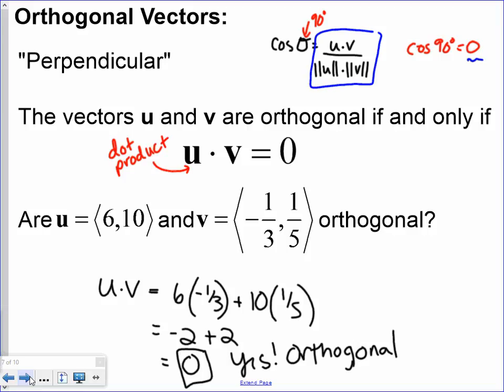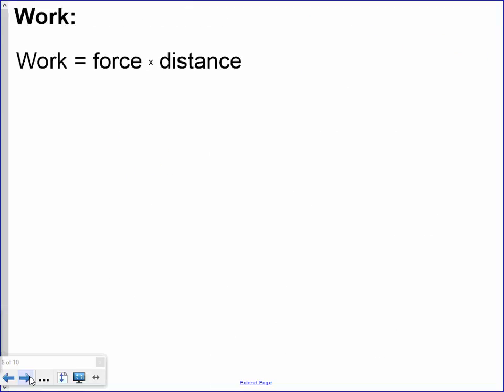All right, one last concept to talk about before we wrap things up, and that's the concept of work. Work is equal to force times distance. Some of you may have seen formulas for work in physics. If you have, the distance may also be called displacement.